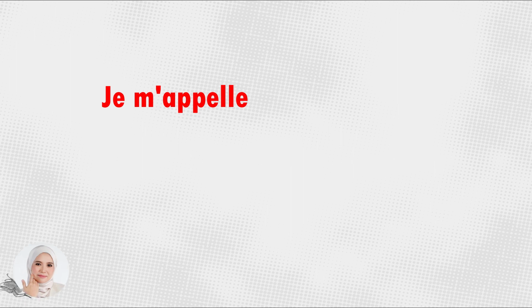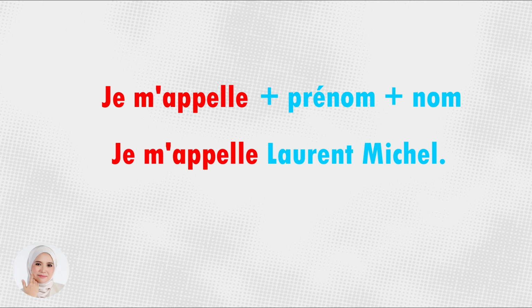So je m'appelle, you can put the prénom together with the nom. So you put je m'appelle Laurent Michel. Now Laurent, the T here is silent. In English, Laurent is Lauren. But in French, when the letter E meets N, it becomes O. That's why you have Laurent.